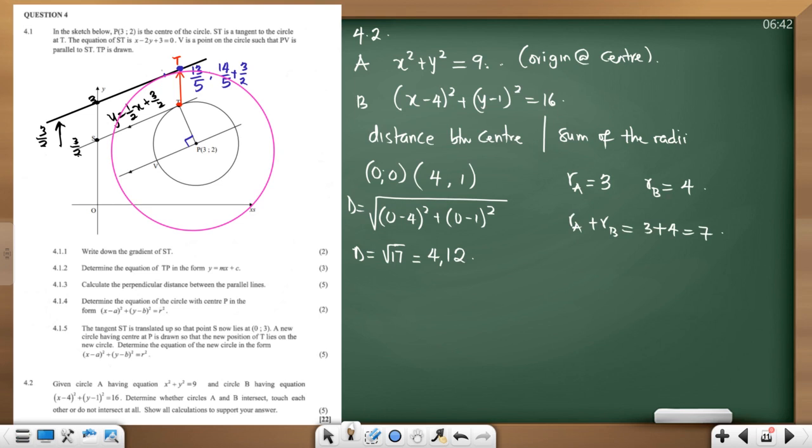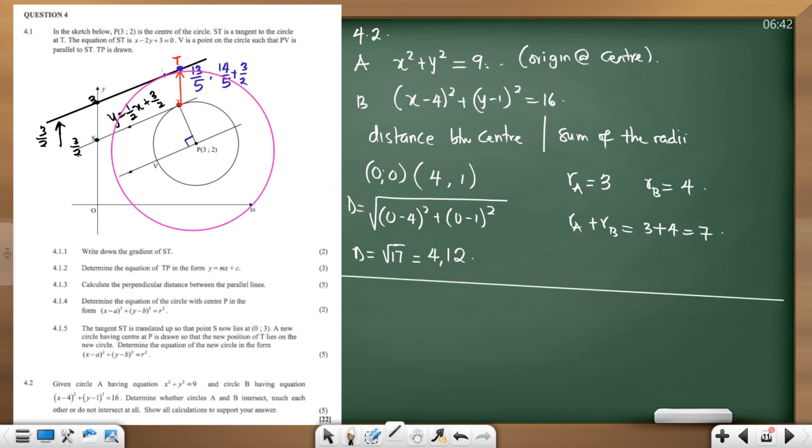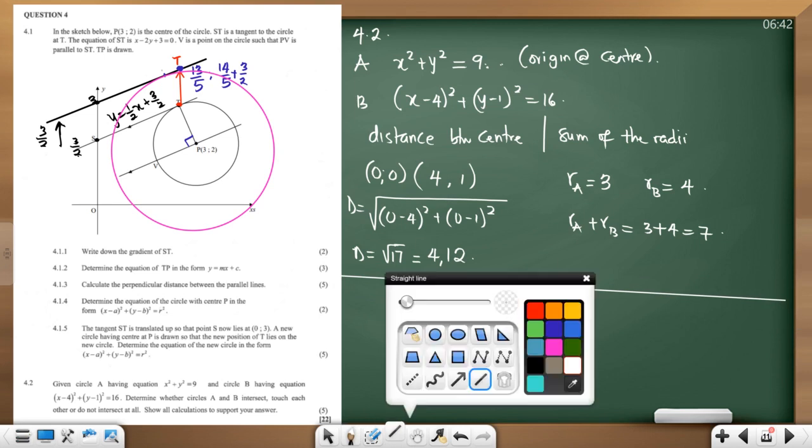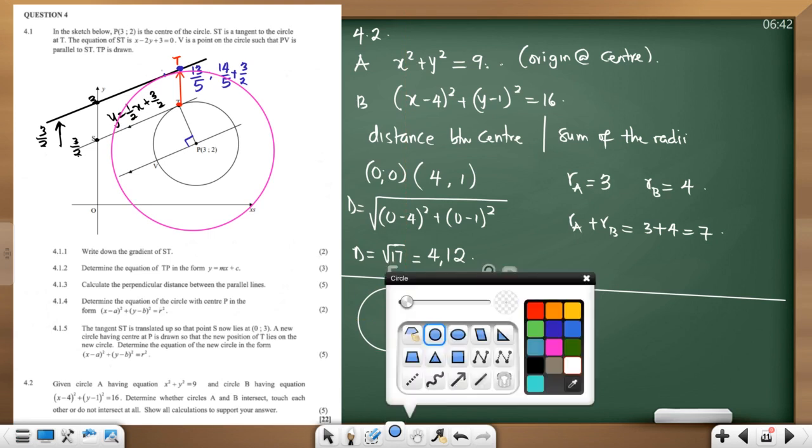Now, what are the conditions? In case you don't know the conditions, I'm just quickly going to use the small space to show you there are 3 possible things. If my circles are touching and overlapping, that's 1. They don't have to be equal circles.